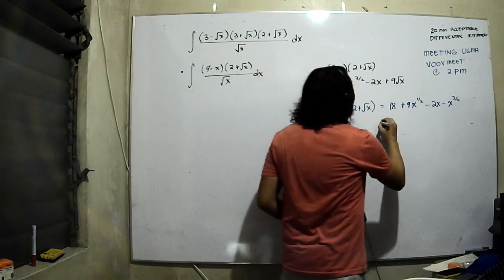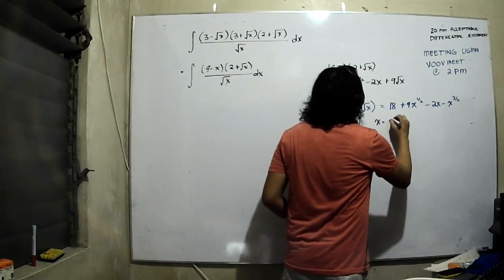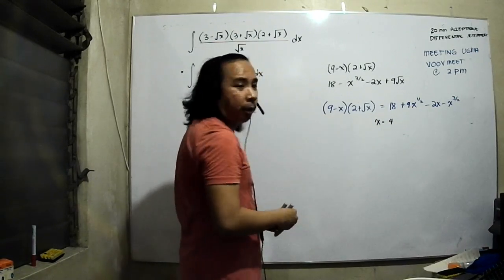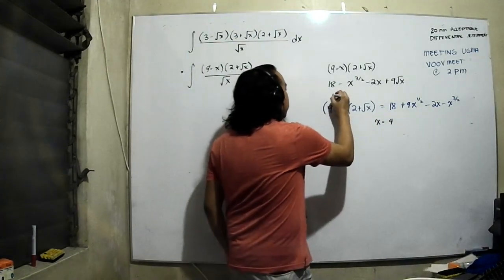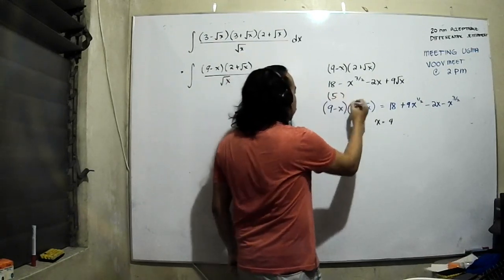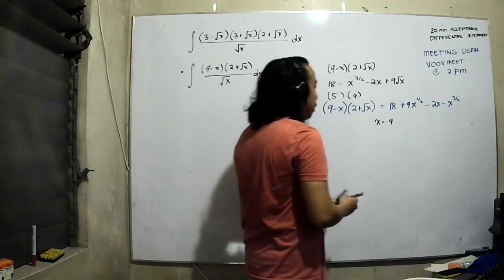When x is equal to, let's set a good number, 4. So 9 minus 4 is equal to 5. The square root of 4 is 2, and 2 plus 2 equals 4. It should be 20, right?